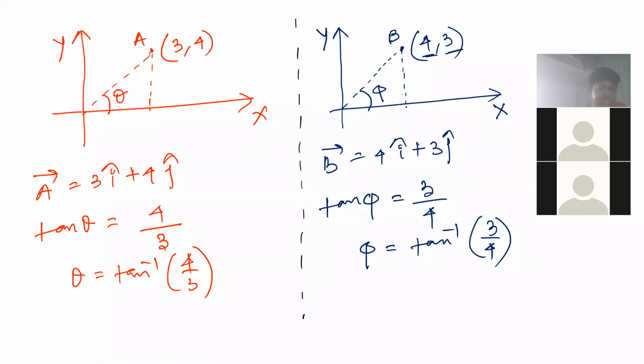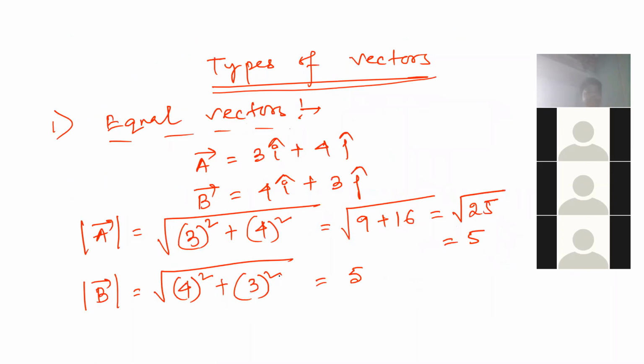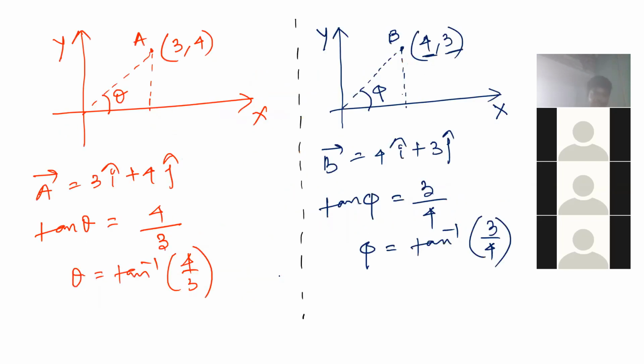So in this example, we can see that the vector quantities we have taken both have the same magnitude, but the direction is different. So these two vectors are not equal. For vectors to be equal, the magnitude and the direction both have to be the same, right? In the previous case, with a vector and b vector, we find that their magnitudes are equal, but the direction is different, right?